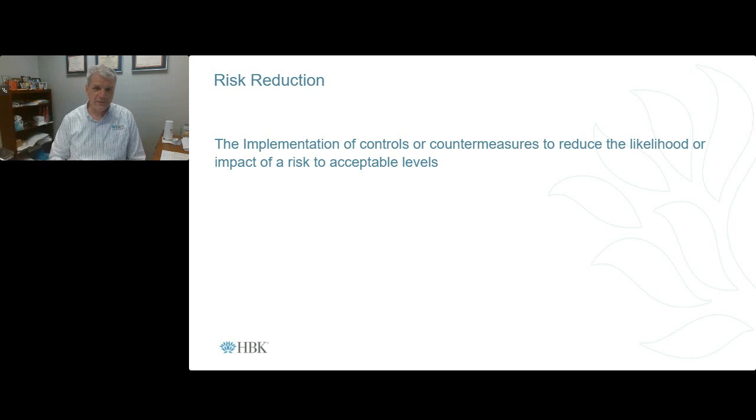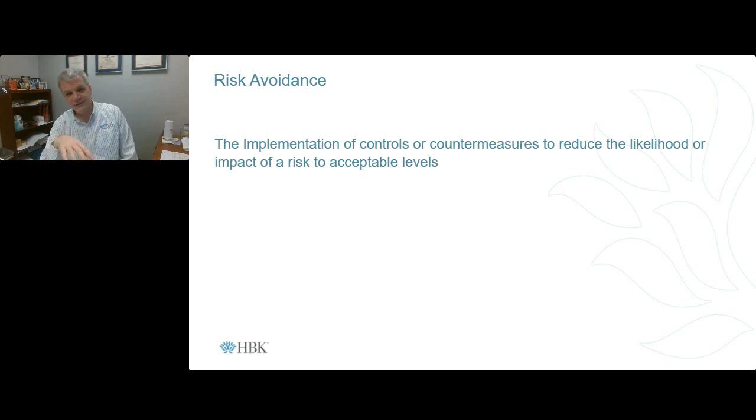So you want to reduce that to an acceptable level. And keep in mind that we've got the residual risk. There's going to be some level of risk that's left over after we put the control in place, and we're going to have a very difficult, if not impossible, time getting to zero risk.